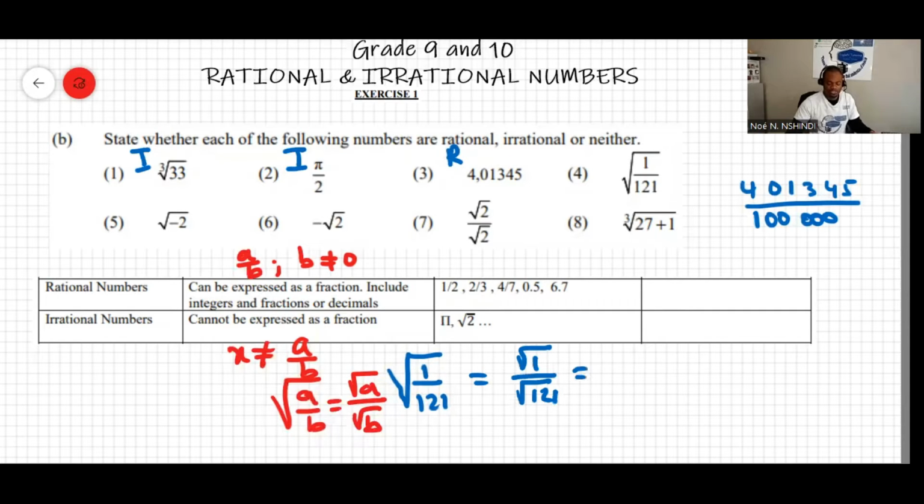Square root of 1 is just 1, and square root of 121 is 11. So this is the form A over B, so we can say that's a rational number.